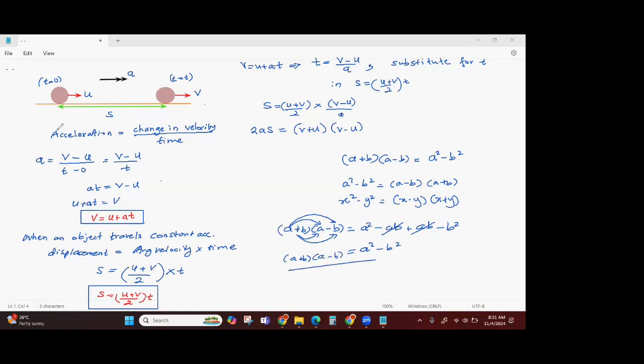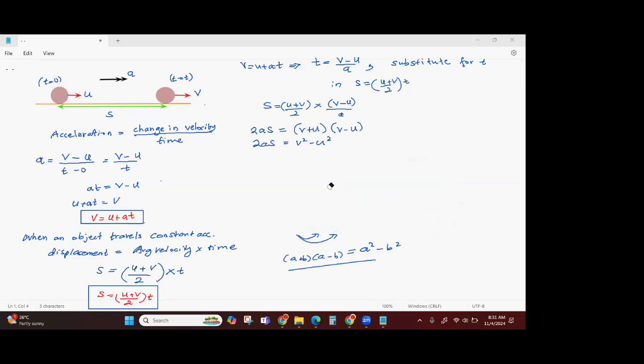Okay. So similarly, we can write here 2as equals v squared minus u squared. Is that clear? So then we can subject for v squared. That means you have to take the u squared to that side.